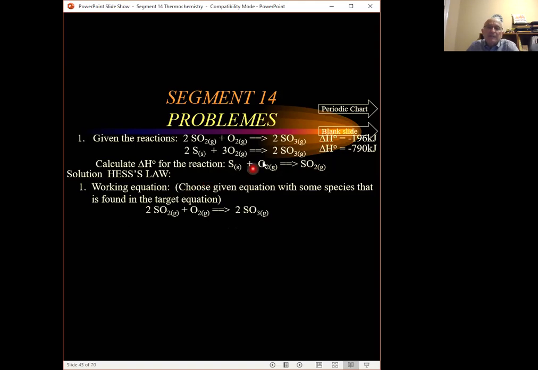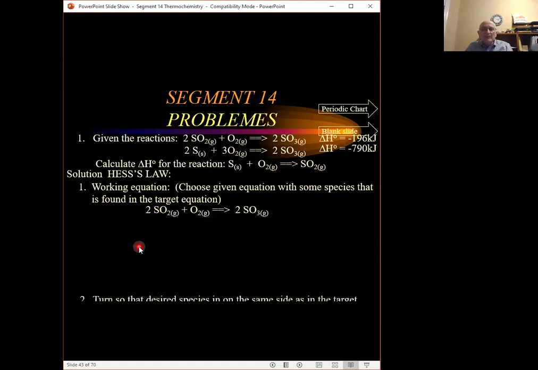I'm going to take this first equation, which has the SO2. My target has the SO2 in the product. So what I want to do is use this first equation, but have the same coefficient that the given equation had, and set up the given equation so that it would be opposite, cancel out, of the target equation. So I want to be sure to put this on this side of the equation.